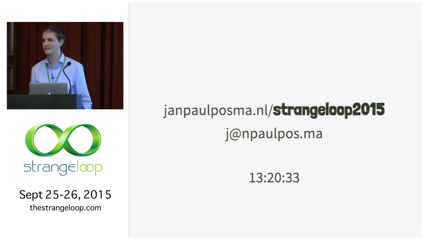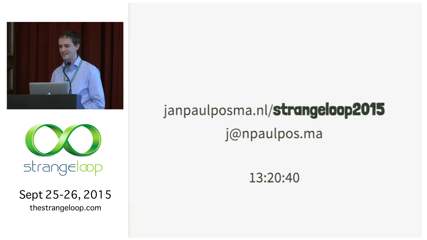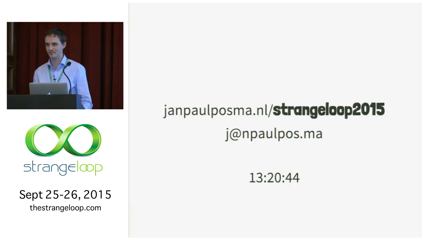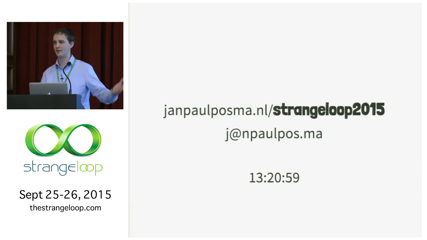I'm curious where this fits in for you with unit testing. Do you find that this takes the place of some unit tests, or they go alongside each other? The question is, how does this work with unit testing? I don't think this would really replace unit testing, because unit testing gives you certain guarantees of how your program executes, and this just gives you insights.